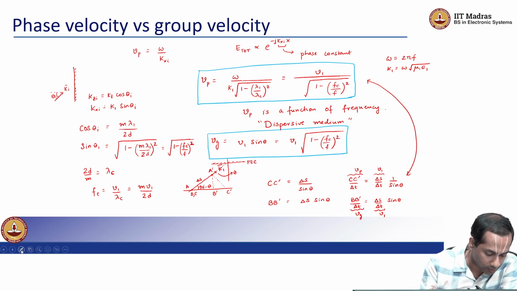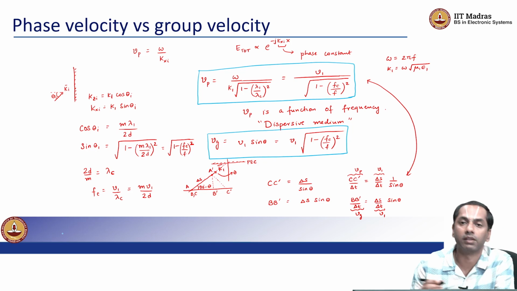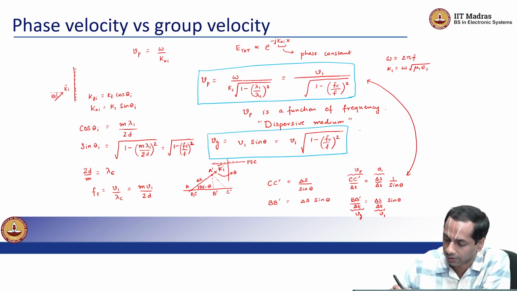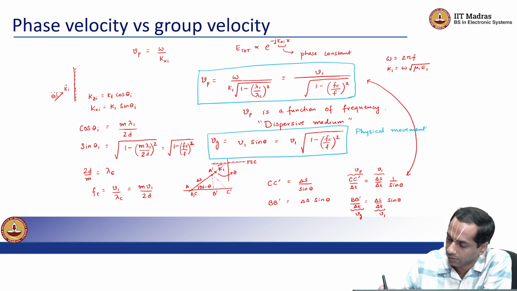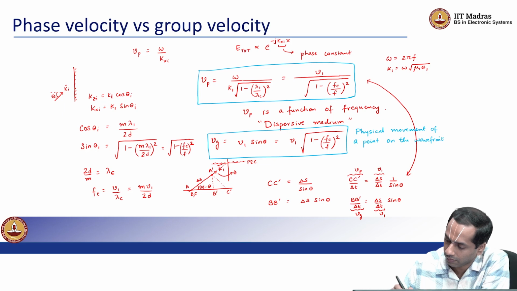Okay, so let us finish with a very simple parting comment for group velocity. Group velocity is actually the physical movement of a point on the wavefront in the direction of propagation.